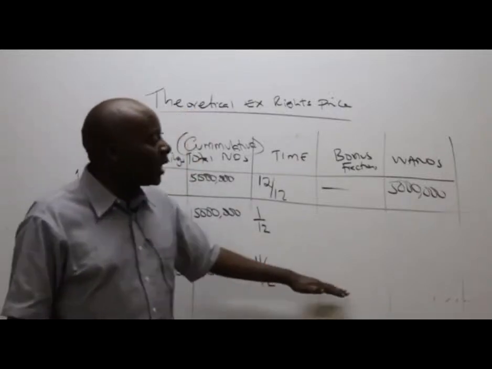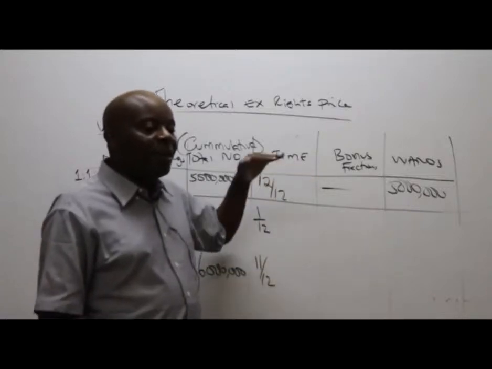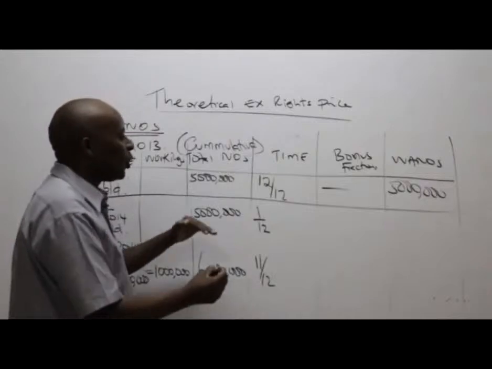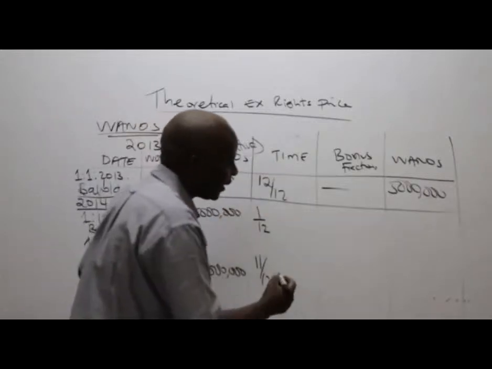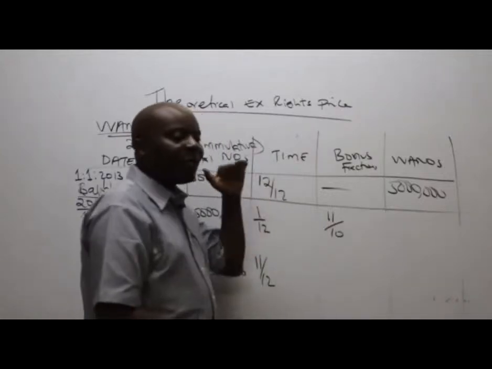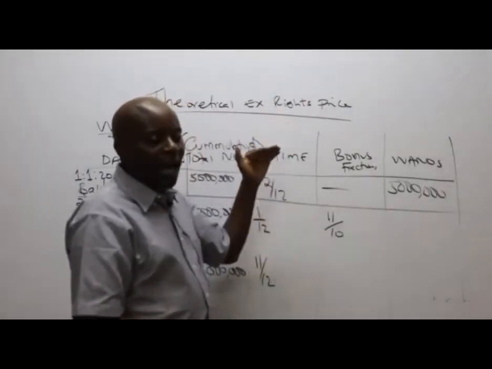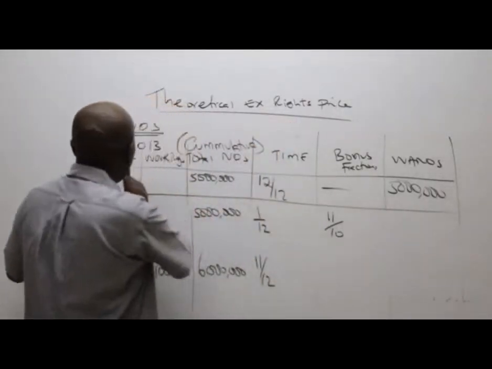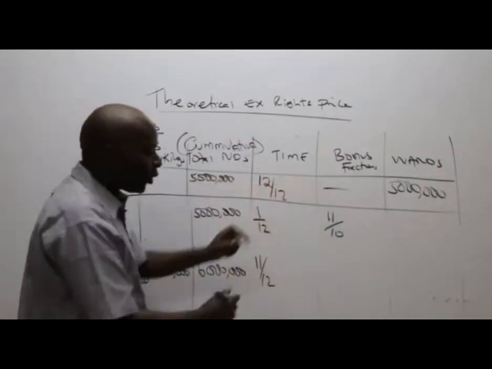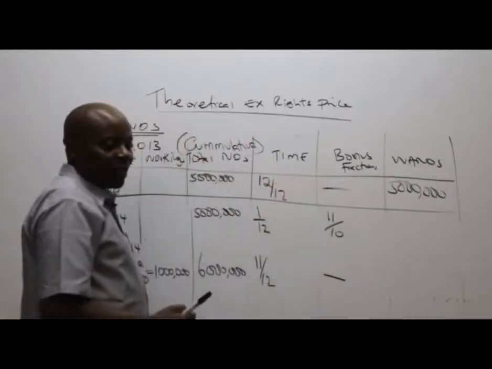We normally make adjustments for the predecessors. And for 2014, it's only one event which is ahead of us. So this 11 over 10 will only be used to adjust the preceding events up there. Hata ingekuwa, for example, in 2014, ingemultiply up on 11 over 10 like that. But not here. Not there.